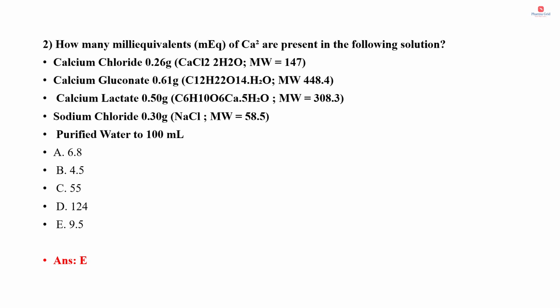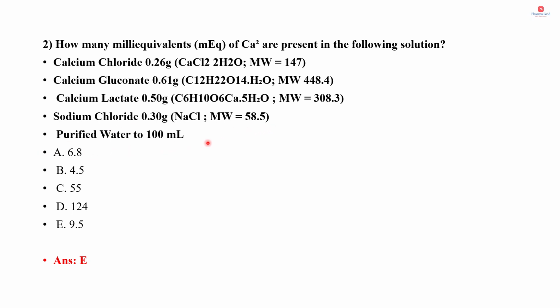How many milliequivalents of calcium are present in the following solution? Calcium chloride 0.26 gram, molecular weight 147. Calcium gluconate 0.61 gram, molecular weight 448.4. Calcium lactate 0.50 gram, molecular weight 308.3. Sodium chloride 0.30 gram, molecular weight 58.5.